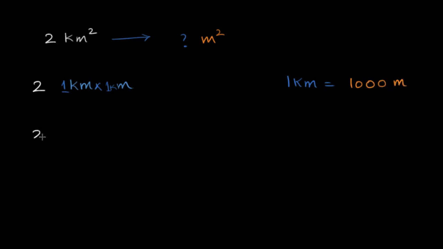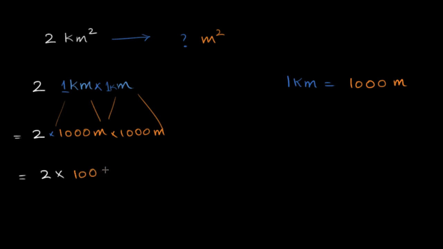I'm going to get 2 times 1 kilometer is going to become 1,000 meters. This becomes 1,000 meters. This is going to become another 1,000 meters. So let's do this again over here. Let's write this such that we have the numbers together and the units together. So I have 2 times 1,000 into 1,000.